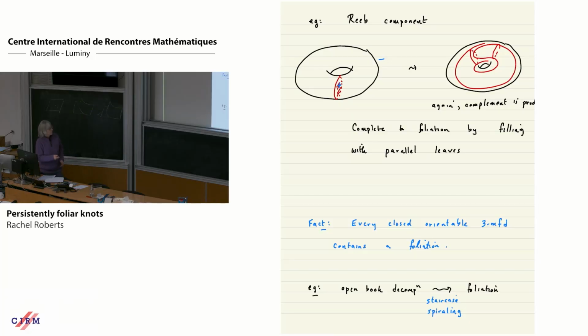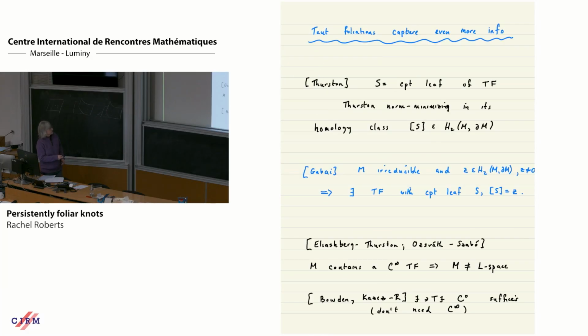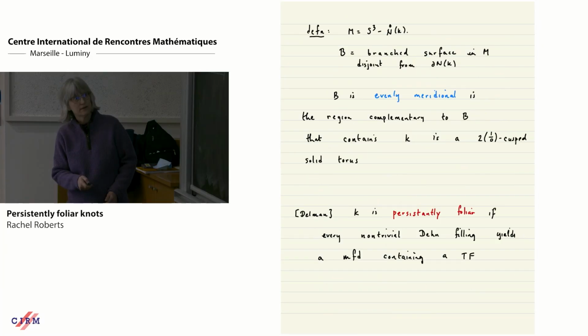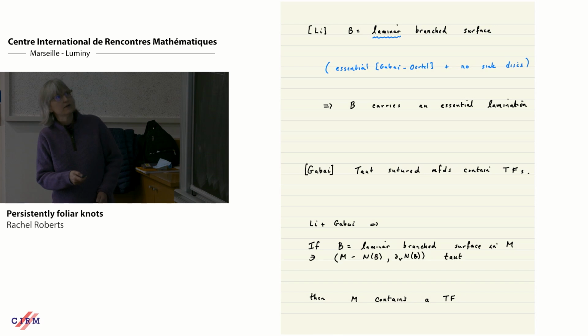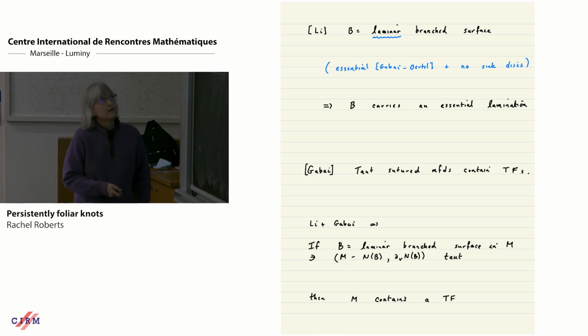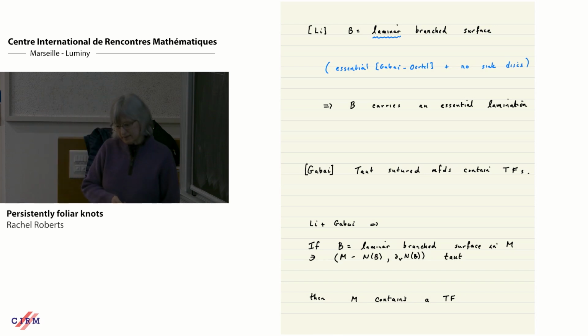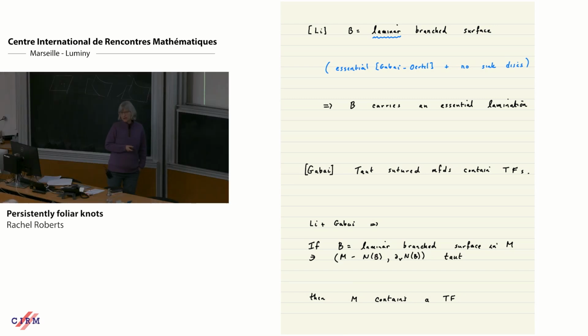And let's see, where do I want to be? Let me jump ahead. One way in which we can get a lot of worth out of branch surfaces is this theorem due to Taut, which tells us that if our branch surface is nice enough, then it carries an essential lamination.